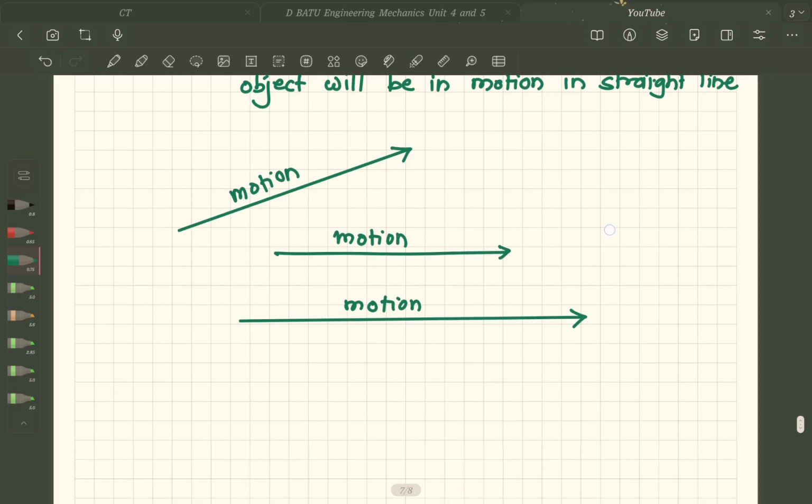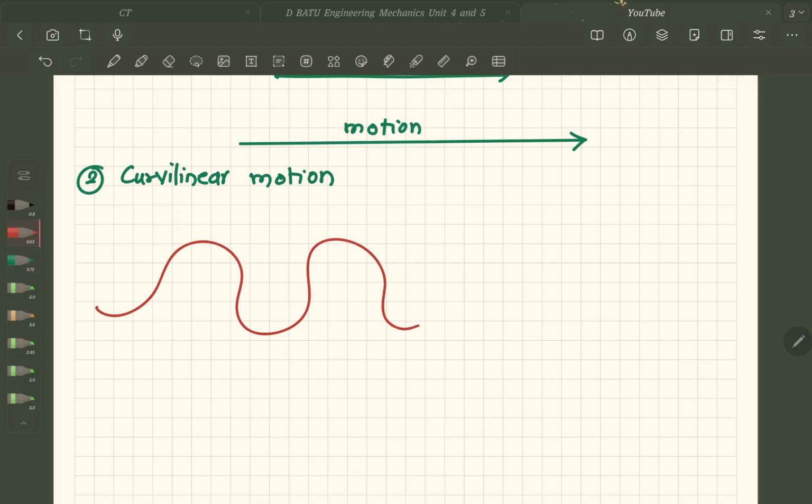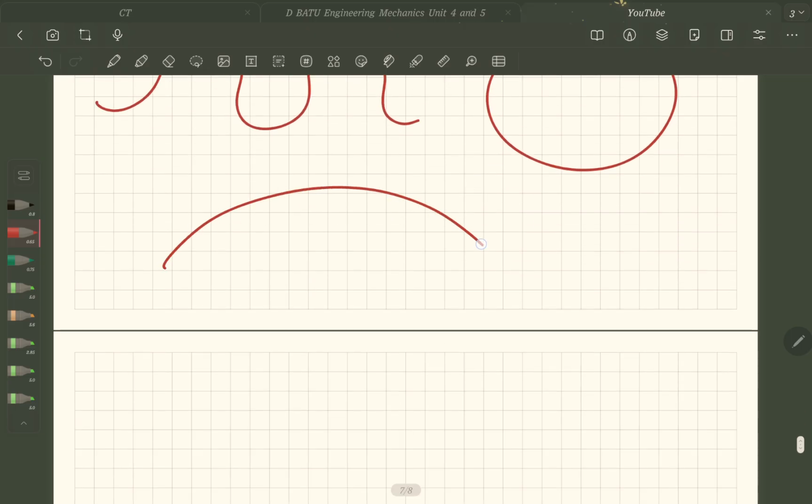But when I say curvilinear motion, in this case the object or the particle will be moving in a curved path like this, or it may be moving in a circular path, or it may be moving in a parabolic path.